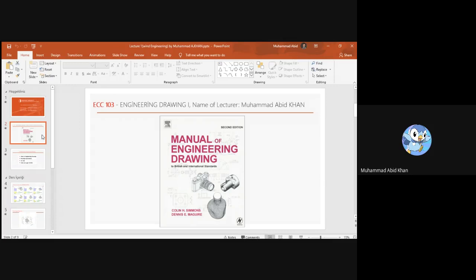Maybe you can find the latest edition, 4 and 5. This is the second book, second edition, which I attached on the Uzum account. You can download it. That is the first page of the book I'm showing to you here.